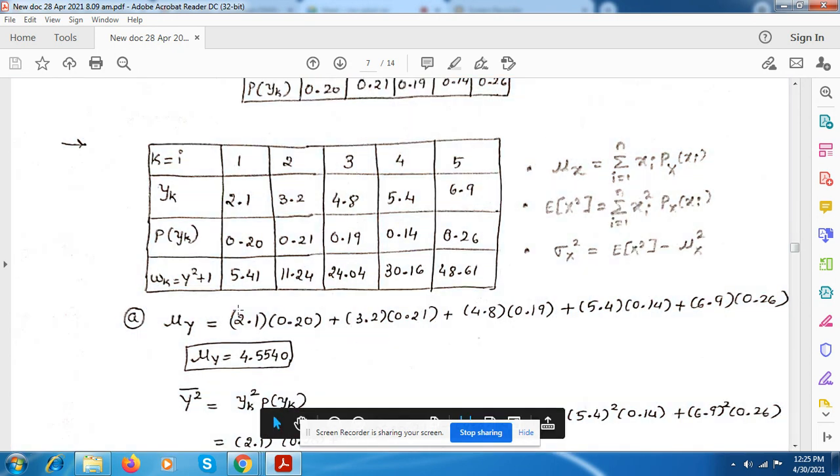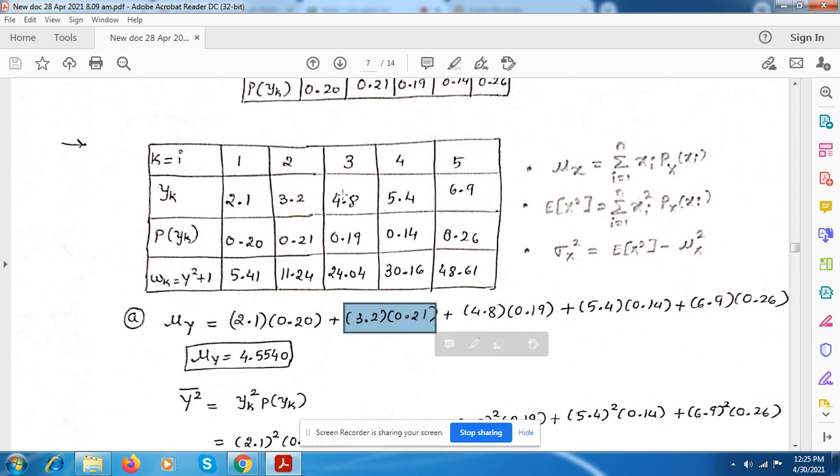So here, this yk value, first we have 2.1 into 0.20, plus the next value is 3.2 into 0.21. This is the next value we have taken. Next we have to take 4.8 into 0.19, and here it is 5.4 into 0.14.